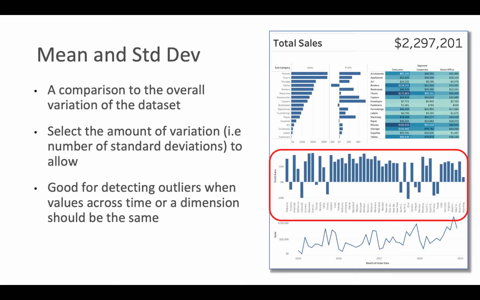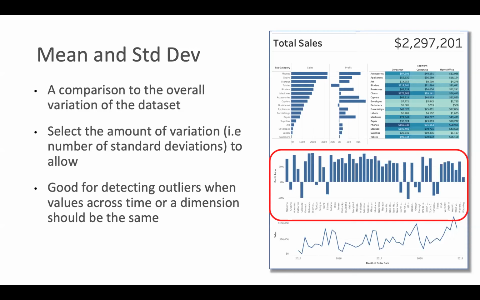Now, there are some deeper assumptions that I won't get into too much detail here around the distribution of the data and that it's normally distributed and so forth. And then there are some approaches to satisfying those requirements if they're not met.